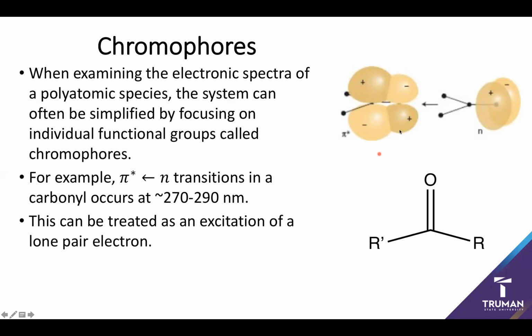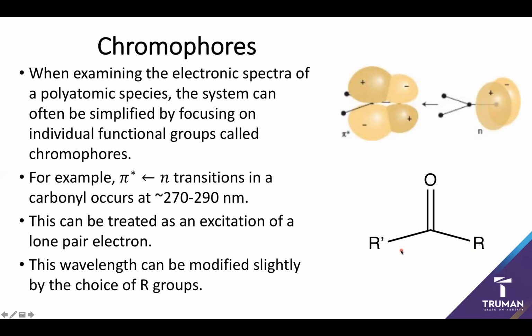And you're going to find that pi systems make very good chromophores because they tend to be empty orbitals and fairly low lying. Now, one of the most important things you can note is that this is just focusing in on the central two atoms. And it is worth noting you can quickly modify a lot of these chromophores by playing around with your choice of R group. The effects may not be as simple as electron withdrawing or donating, because it depends largely on where you're donating or withdrawing.